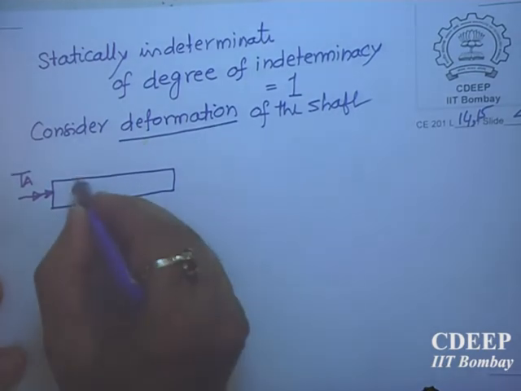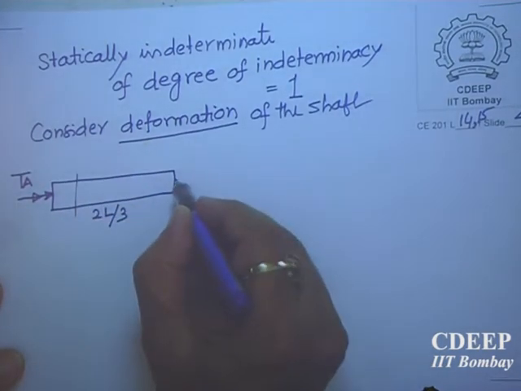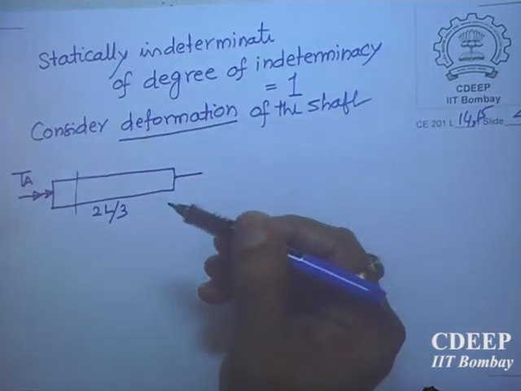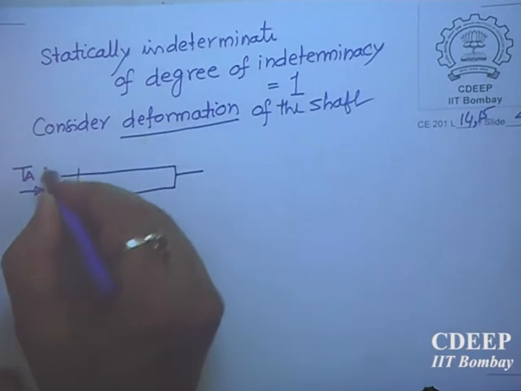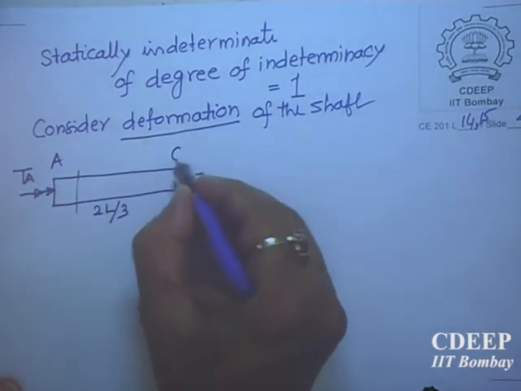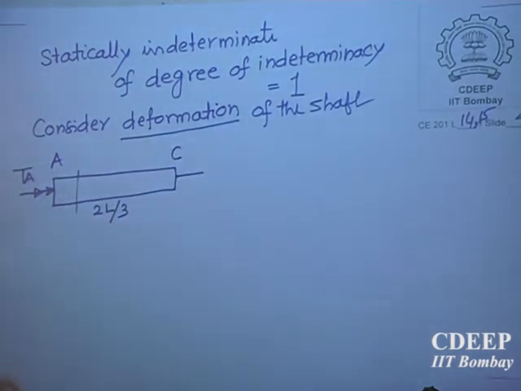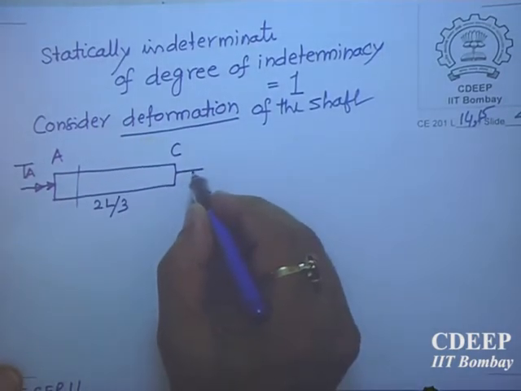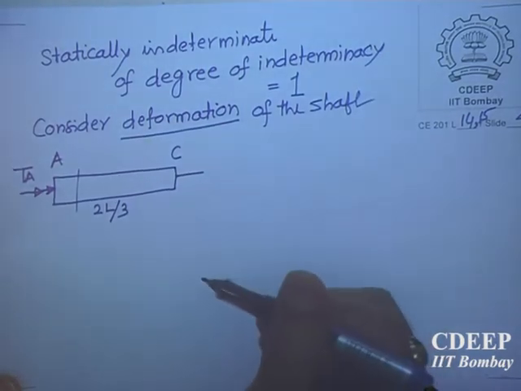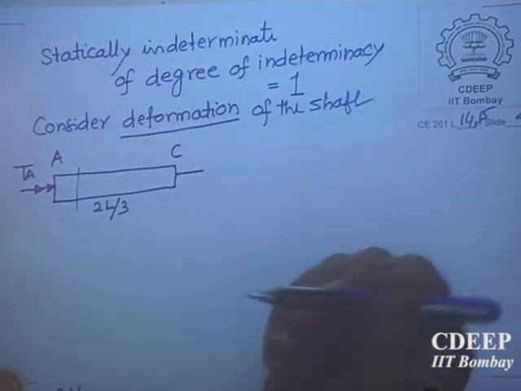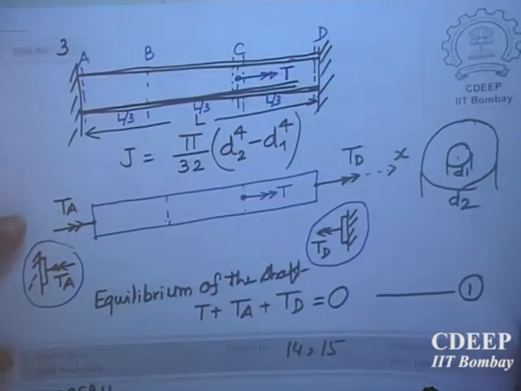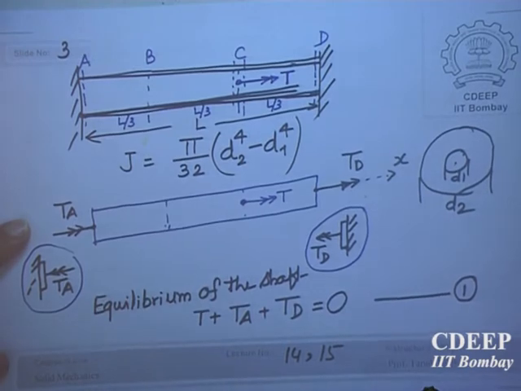At any cross section here, now what should this be? This is A, this is C. If I draw the free body diagram of AC, what should be the direction here? This you have to decide, because you are already following certain conventions.